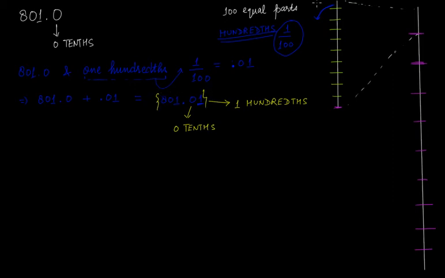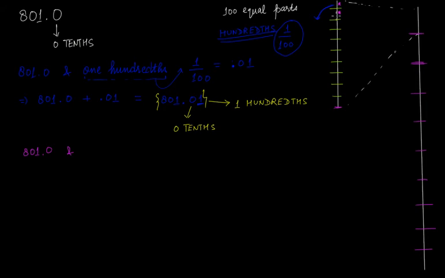What if you are given this portion and this portion also? Now you have 801.0 and this portion also and this portion also.